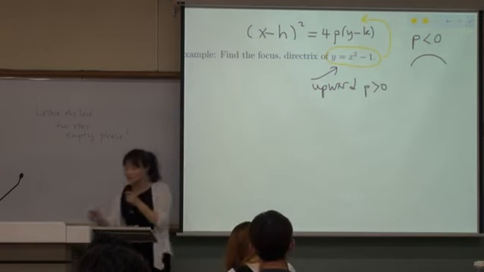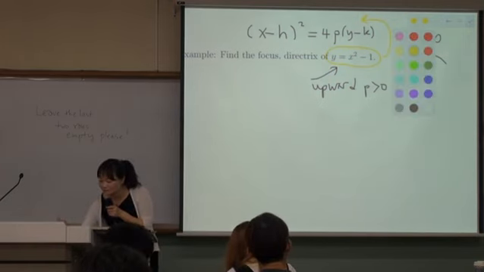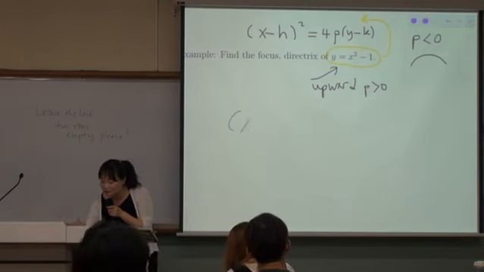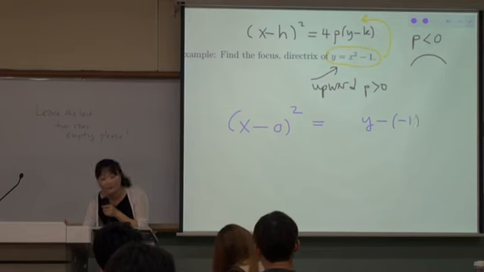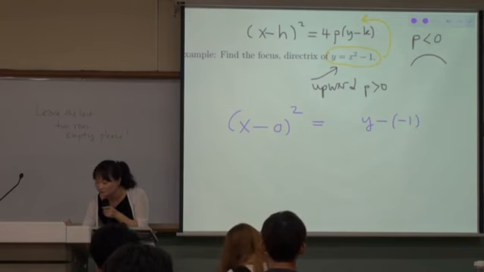So we're going to change this into that form. (x minus 0) squared is equal to (y minus 1)... that's y plus 1, right? Yes? And we need the 4, yep?